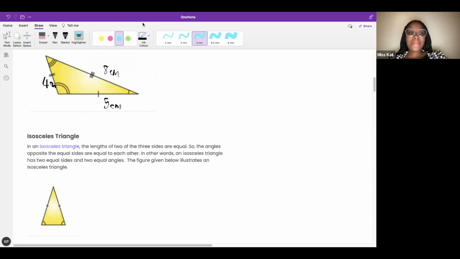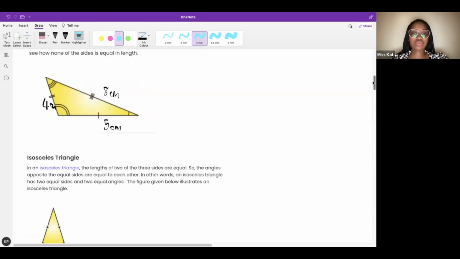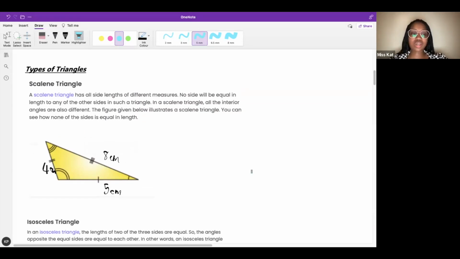But I will give you guys a nice sheet with the proper reasons, like I did previously for the geometry of straight lines. I will give you one at the end of this whole quadrilateral section with acceptable reasons for the whole section, so that you don't go around using the wrong reasons.